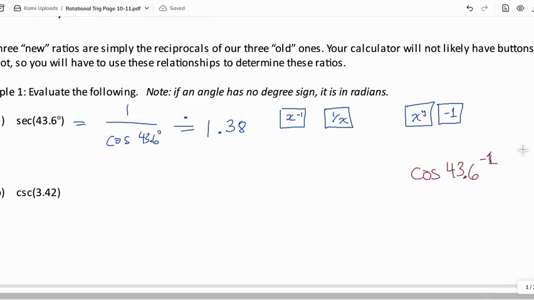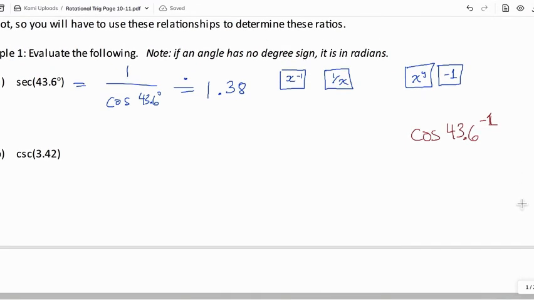Some calculators will take it, some calculators will not. What do you think was missing? Yes. The calculator took this as 1 over 43.6. Do you see that? So you want to add brackets around the entire cosine if you need to.